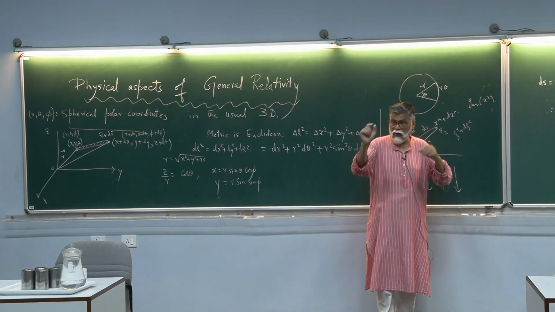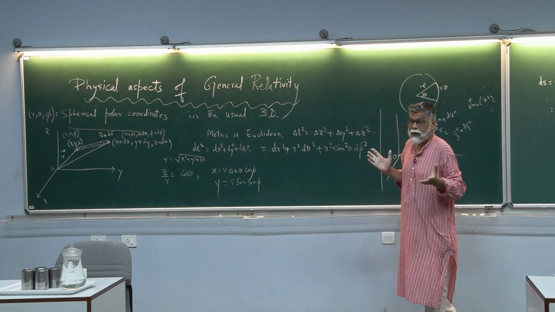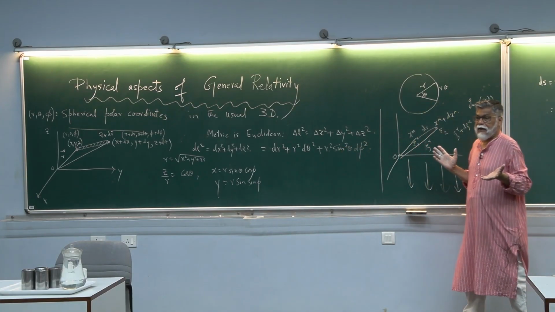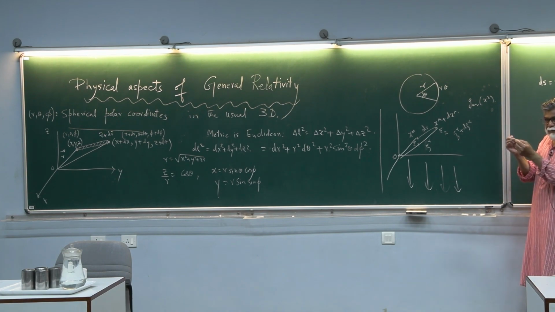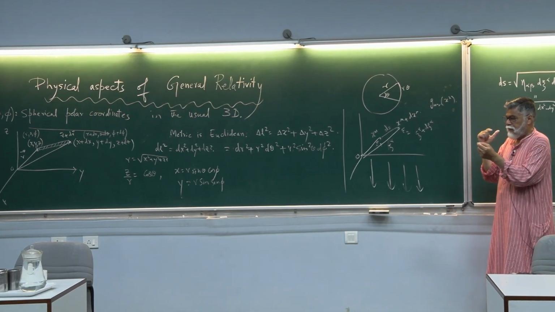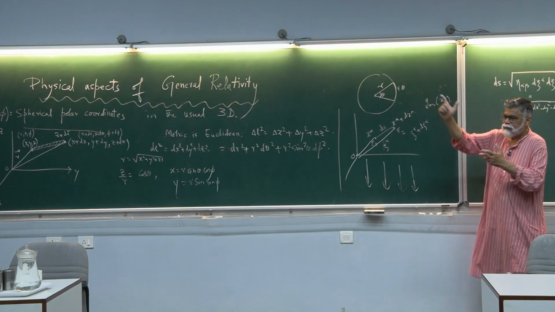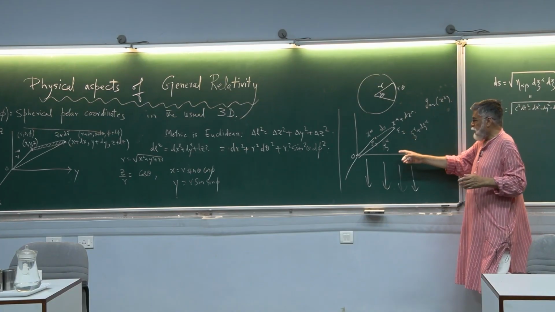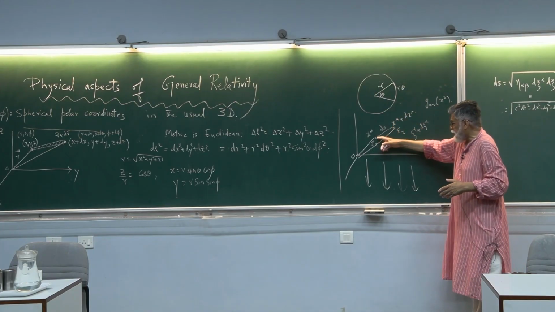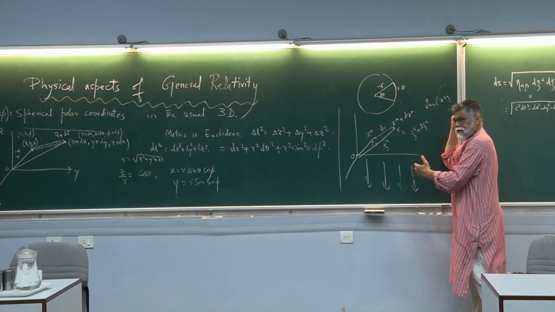Now we'll come to your question: how do we synchronize clocks in a curvilinear coordinate system? With infinitesimal clocks, I can use these arguments. Why infinitesimal? Because for a small time I can use the same argument.